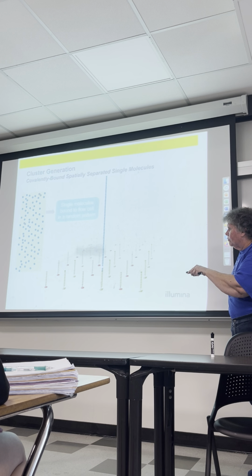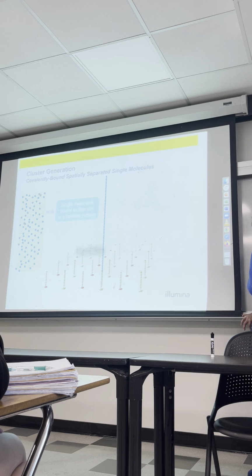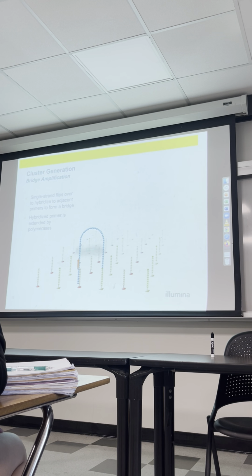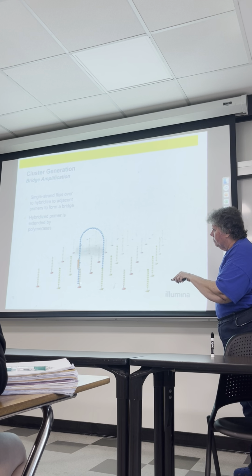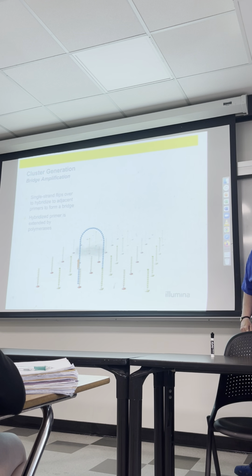So you've made this, you've extended, and you've gotten rid of the original strand. And then it flips over and anneals. Remember I said there's 2 sets of oligos right here. So this set of oligos is what it's binding to, and this set of oligo next to it is what is designed to bind to the adapter on the other strand.